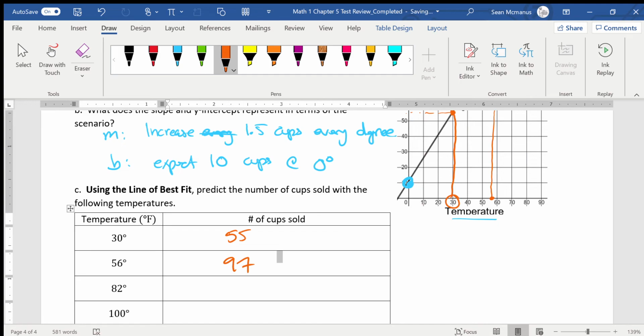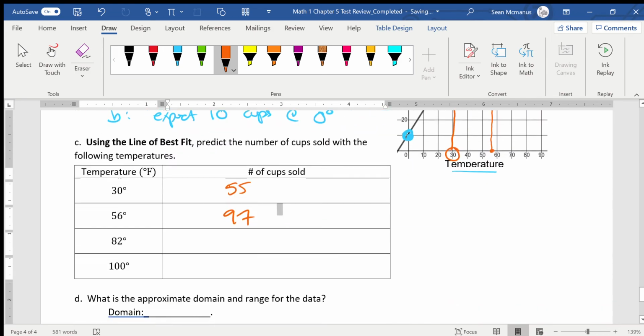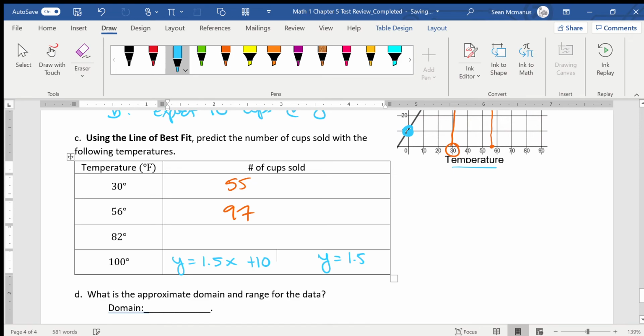You could also use the equation. All right, so 1.5x plus 10. Let's try it for this one. If the x is 100, I would expect 150 plus 10, 160.